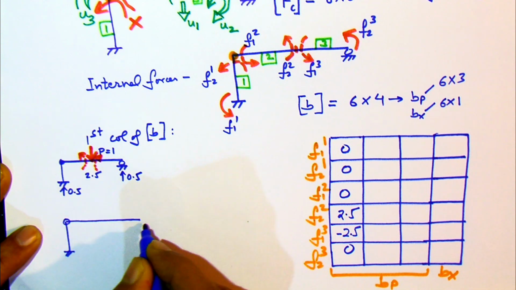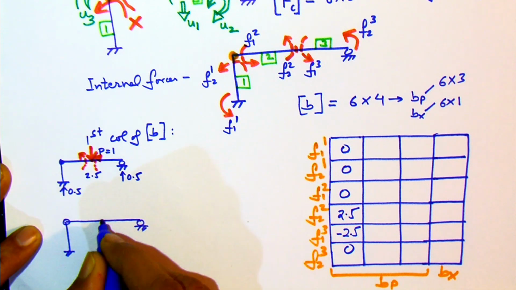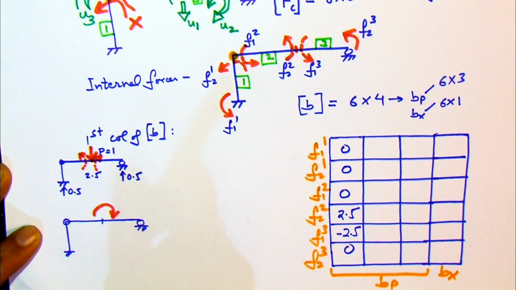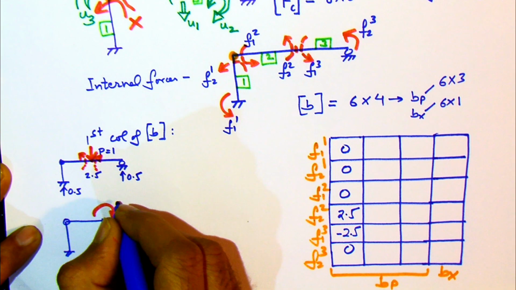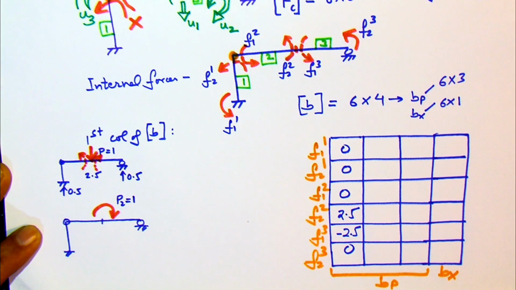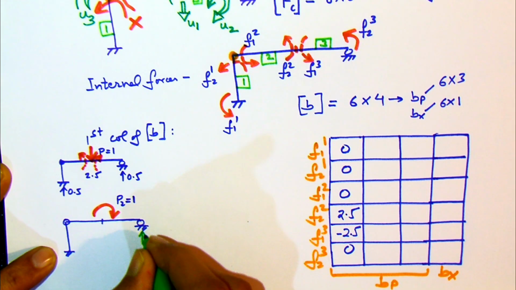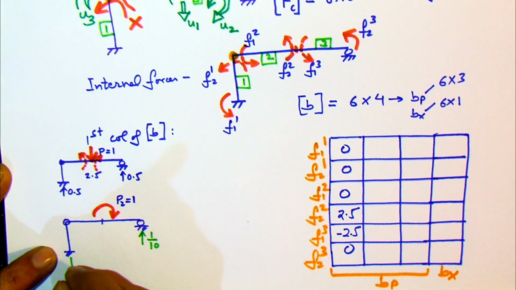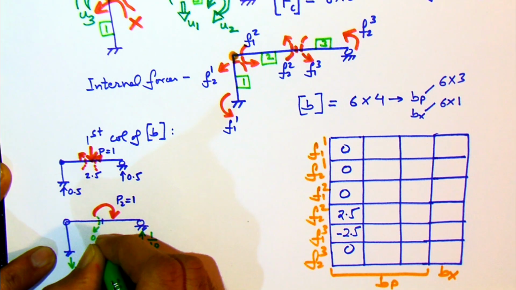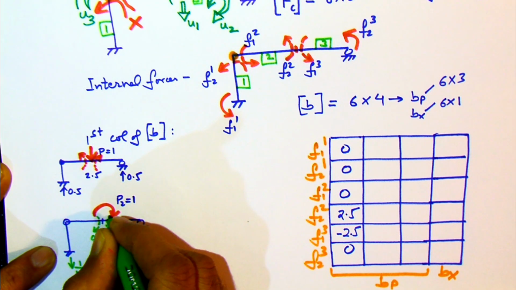Then we do the next step, that is apply P2 equal to 1. So this is a moment. So this will give rise to external reactions 1 by 10, 1 by 10 in the vertical direction, and again because of the presence of the hinge there won't be any moment reaction.